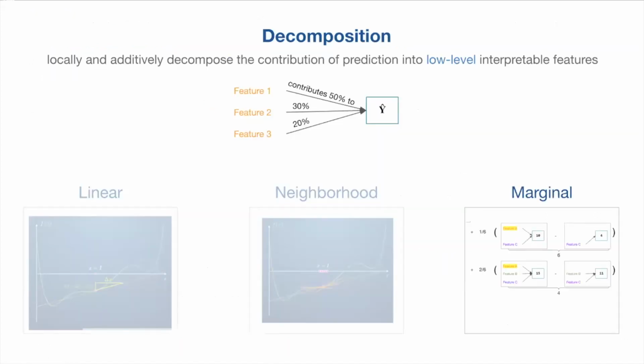So now we have two methods, linearity and neighborhood, to tackle the decomposition problem. Next, we look at another method called marginal contribution. The marginal contribution wants to fairly attribute the total contribution of the prediction to each of the features.